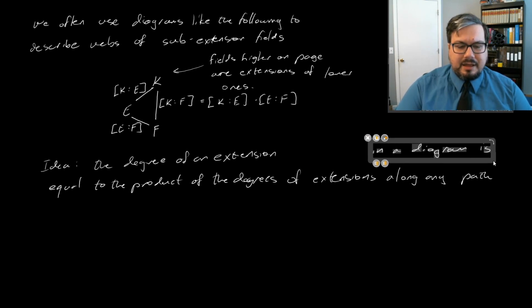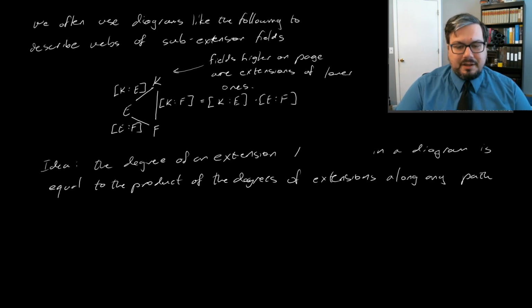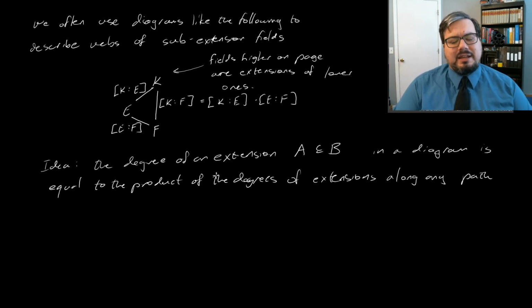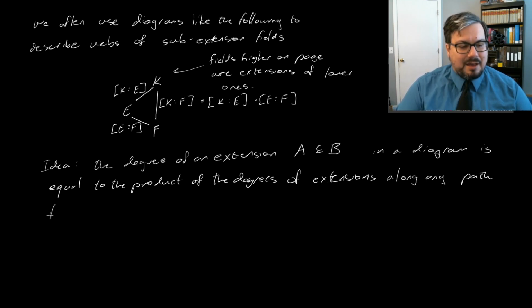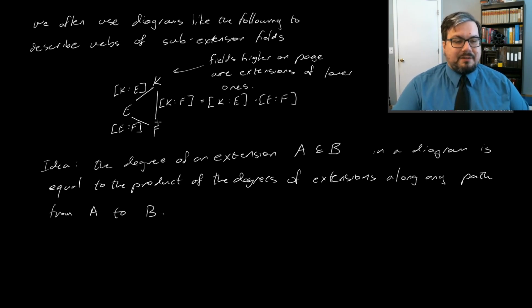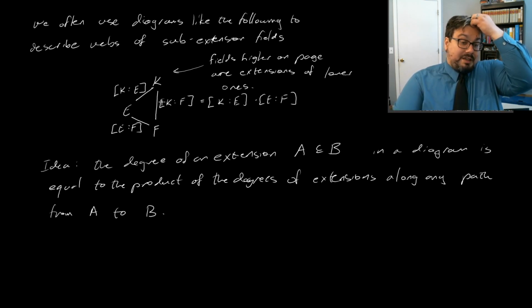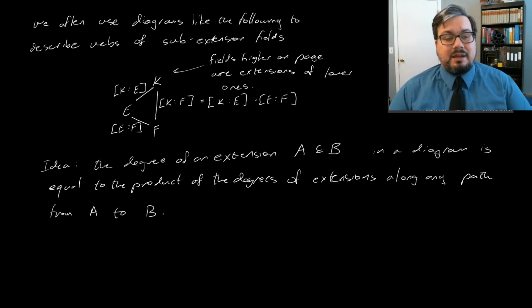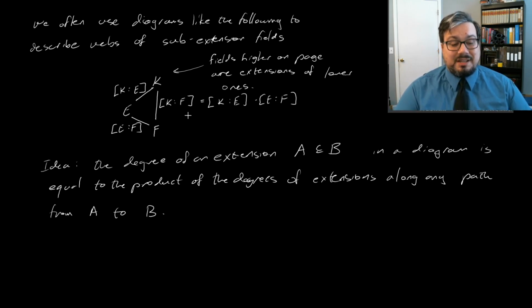The degree of an extension from A to B in a diagram, where A and B are just some fields in the diagram, is equal to the product of the degrees of extensions along any path from A to B. So in this case, we could get from F to K just by going directly up F to K, and we label that extension with the degree of K over F. What Theorem 173 says is that that number will be the same as the number that we get when we go from F to K along any other path and multiply all the degrees of the extensions as we move along.